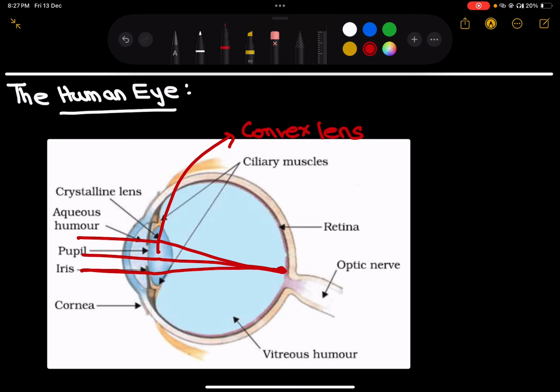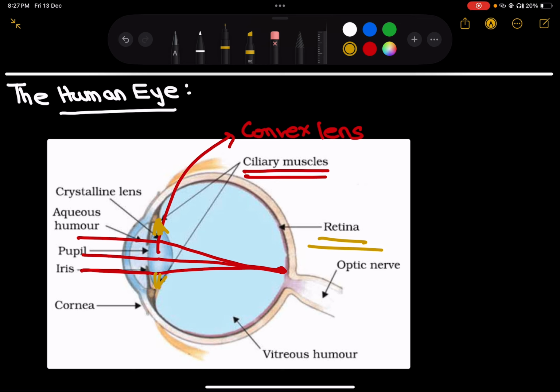That is why the ciliary muscles are present. The ciliary muscles change the eye lens's shape. So they help change the focal length of the eye lens. Simple. Ciliary muscles.